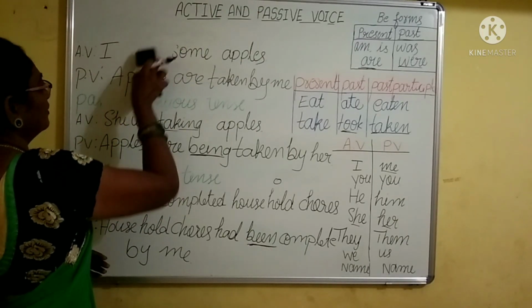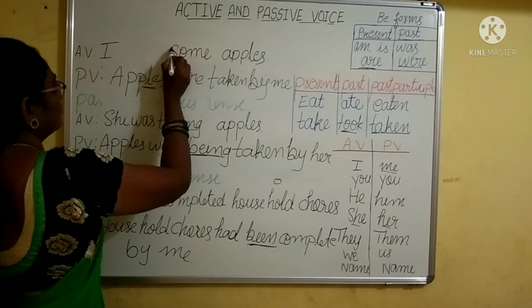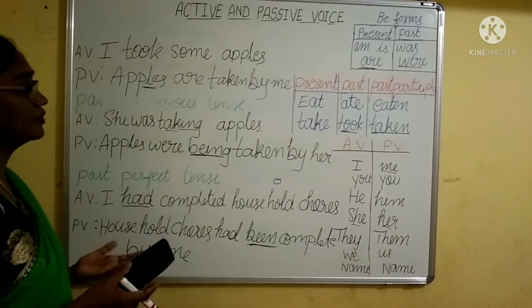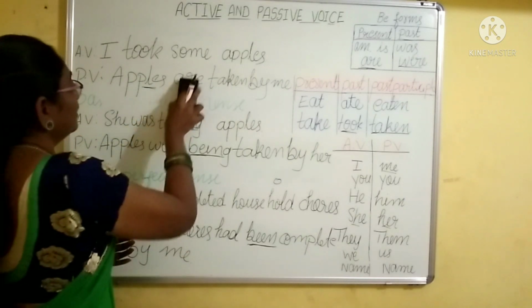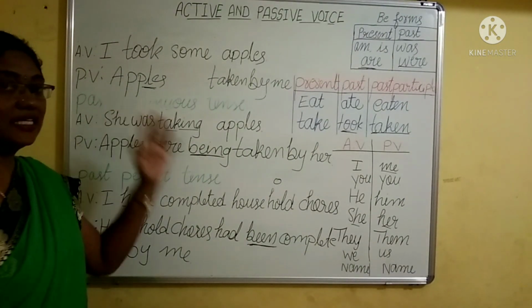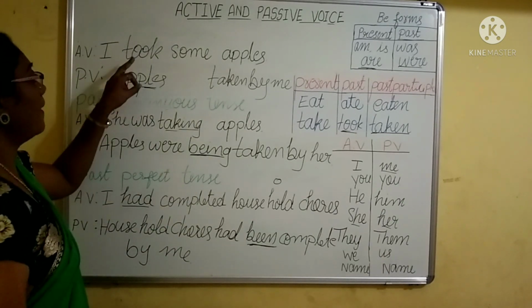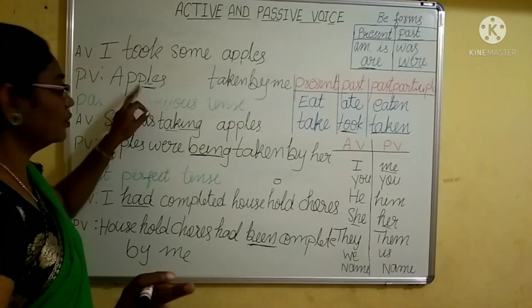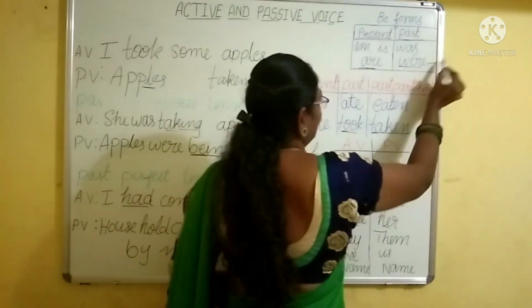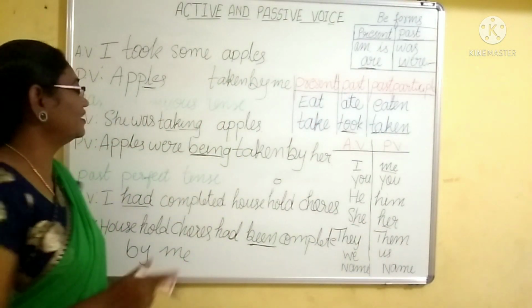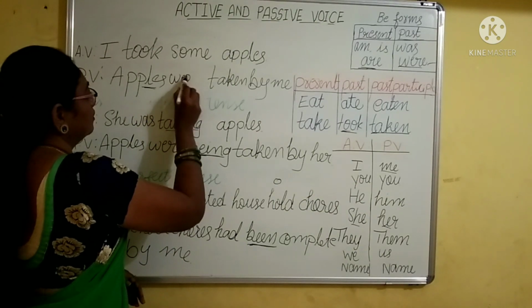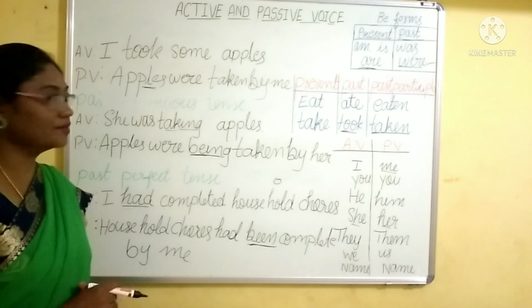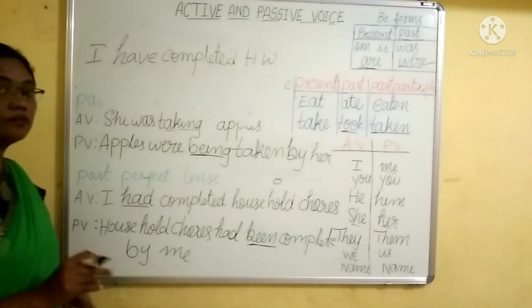Let's take took here. Everything will be the same. Only here we have to change the be form. Past tense, and the subject is plural, so past tense plural word. This is the easy method. Apples were taken by me. Clear? I hope you understood. This is the easy method. Clear?